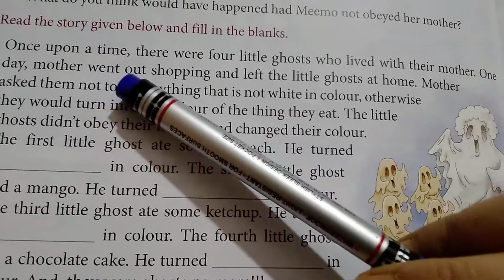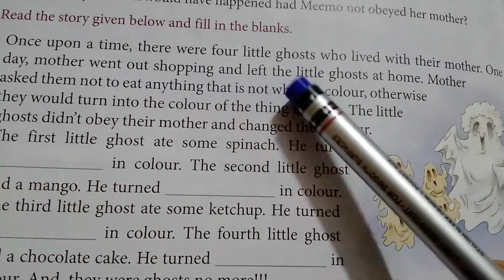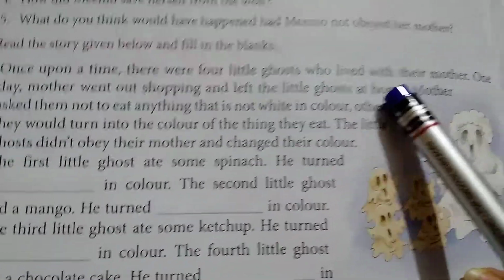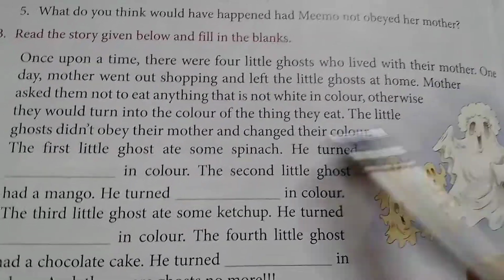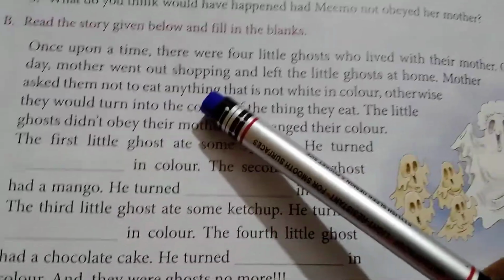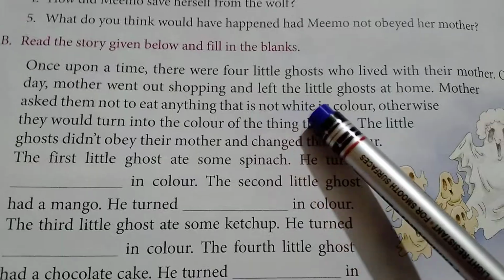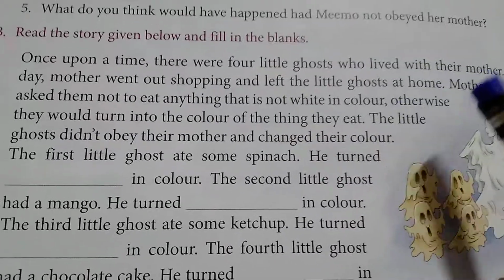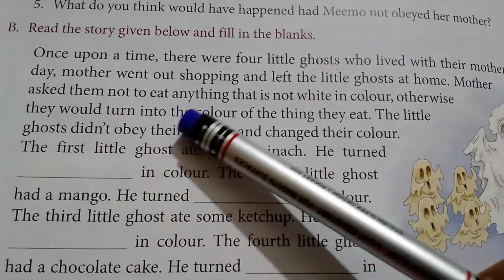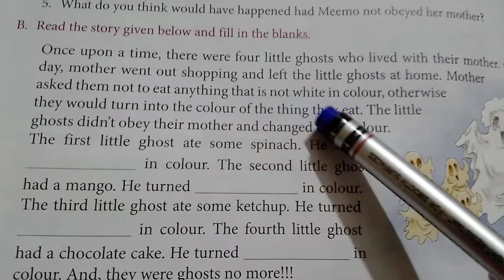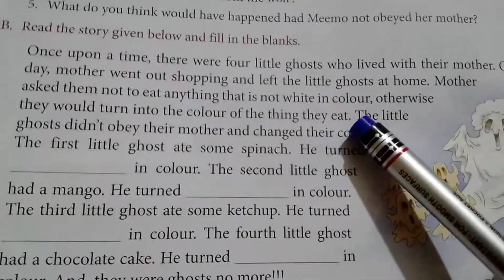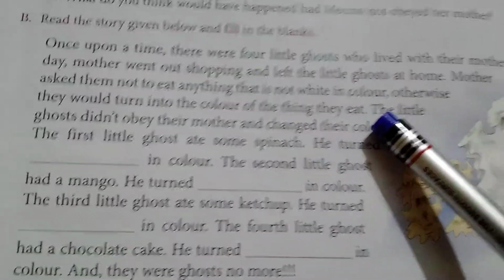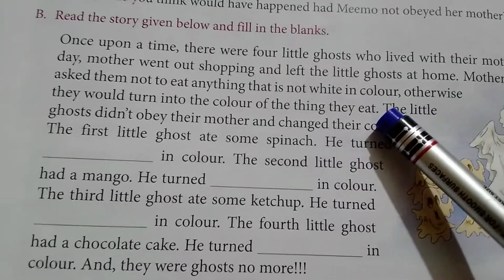One day, mother went out shopping and left the little ghosts at home. Mother asked them not to eat anything that is not white in color. Otherwise, they would turn into the color of the thing they eat. Actually, ghosts are white, so their mother told them to eat only white things.